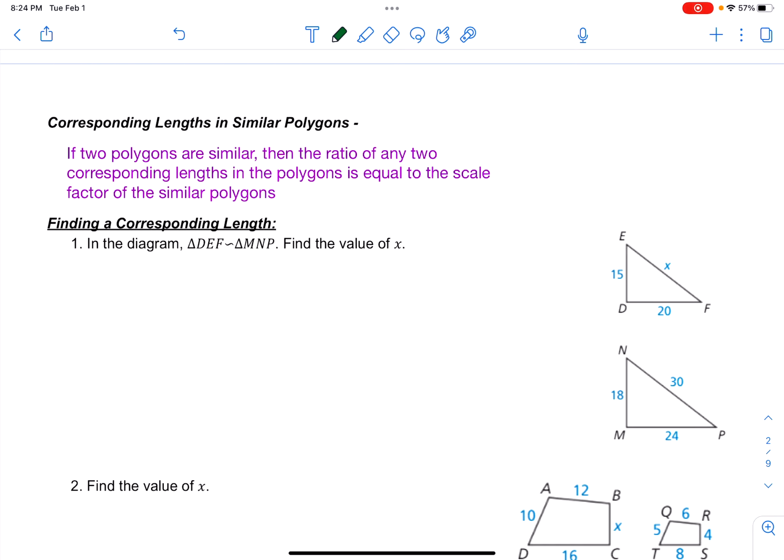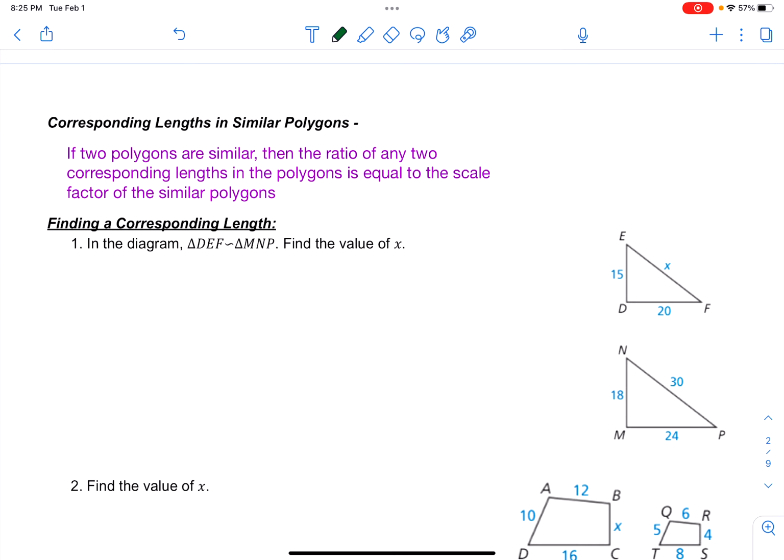It says in the diagram, triangle DEF is similar to triangle MNP. Find the value of X. So keeping in mind the process that we just did of making those scale factors, putting this side with this side gives us the scale factor.